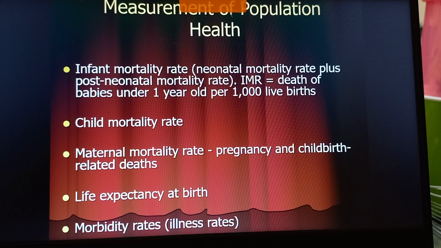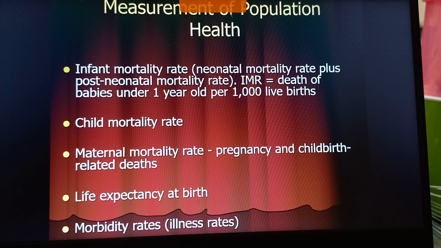Of 1,000 babies born alive, how many die before the age of 1 year old, right? So the infant mortality rate can range from 4 per 1,000 live births to as high as 250 per 1,000 live births, or 300 per 1,000 live births, depending on the country which we are considering.